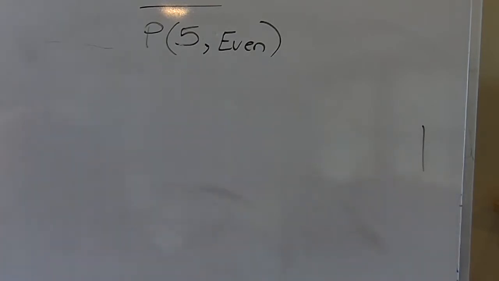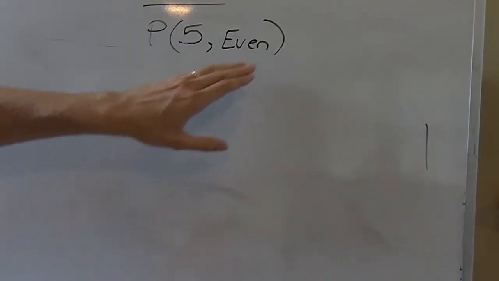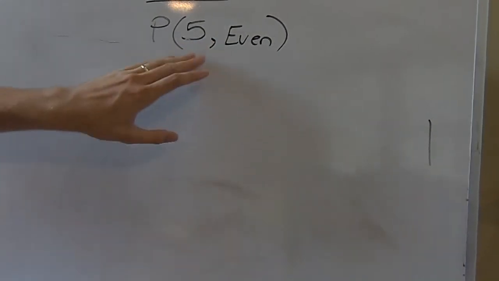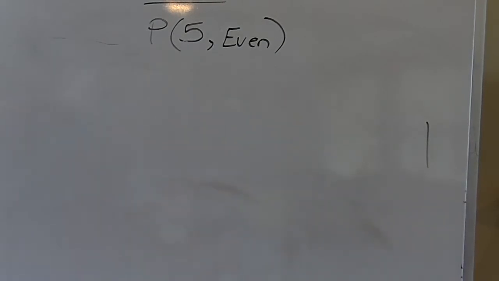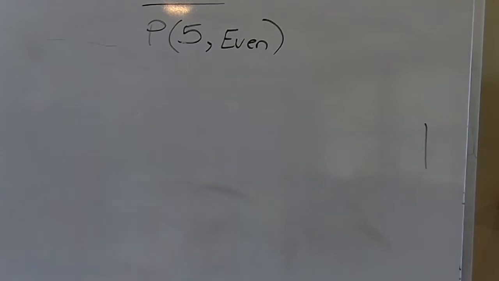These are mutually exclusive events. I cannot get both an even number and a sum of 5. The sum cannot be both even and 5, because if the sum is 5, then it's not even. So these are mutually exclusive events. So you're going to find the probability of each and then add them up.